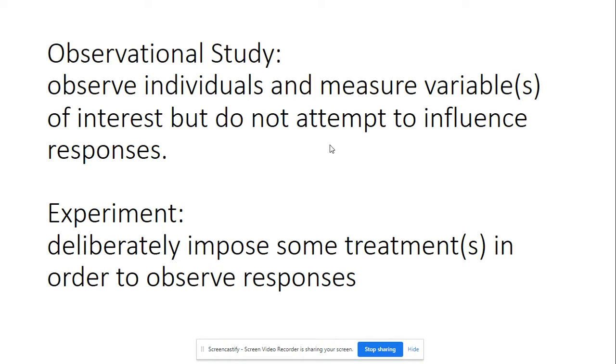And then blank 2 is experiment. We deliberately impose treatment in order to observe responses. I want that one to be written the exact same way as this up there. Deliberately impose treatment in order to observe responses.